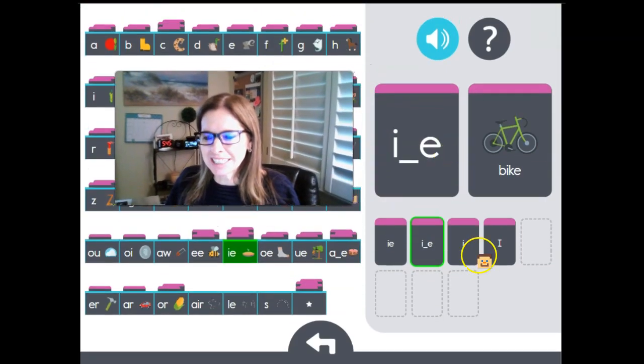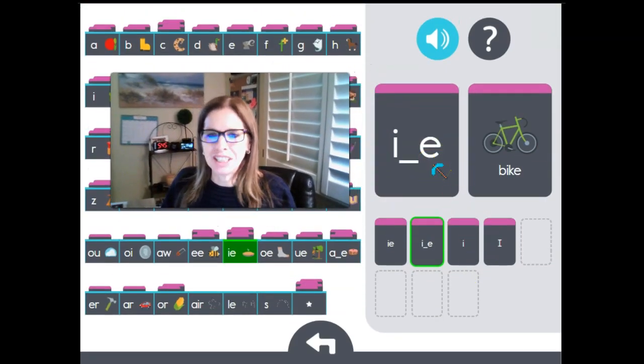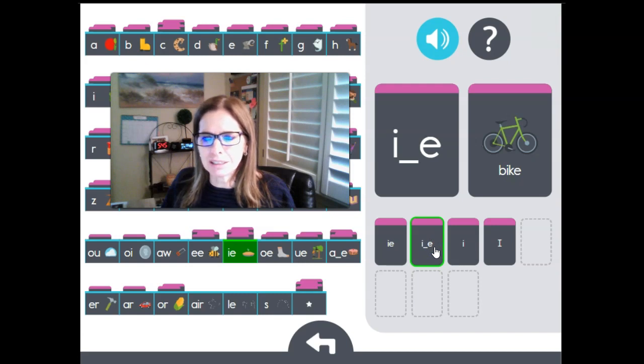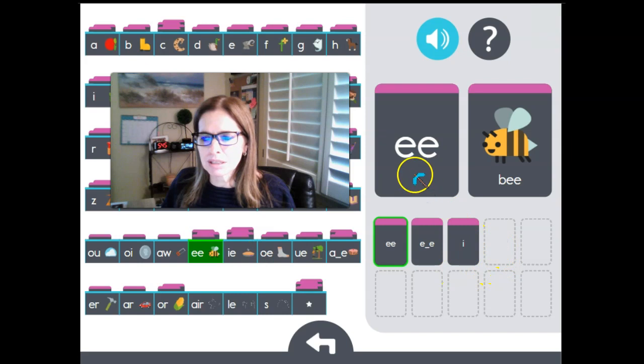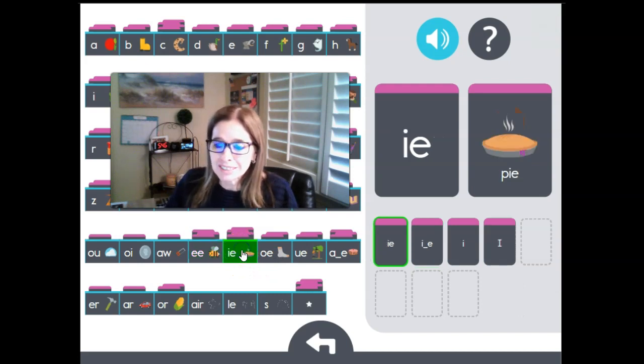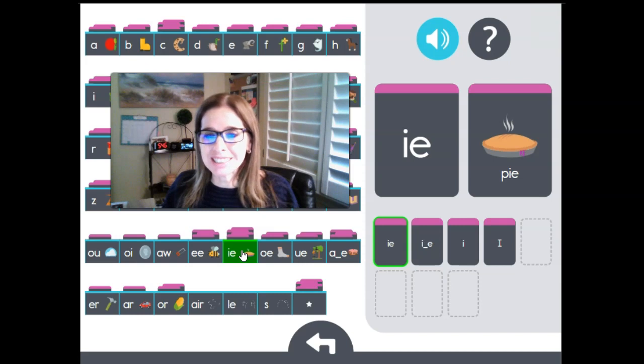And to finish out this lesson, we just want to look at our pocket chart. In our pocket chart, we have the I sound as in pie, and we have the I separated E, which is the I sound in bike. That is the same thing we noticed in the E sound in B, and the E as in Pete. It was just the E separated E. So we're going to notice as we go through our pocket chart and our sounds this week that the same pattern exists in all long vowel sounds.